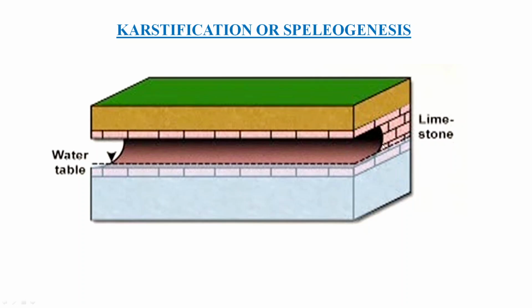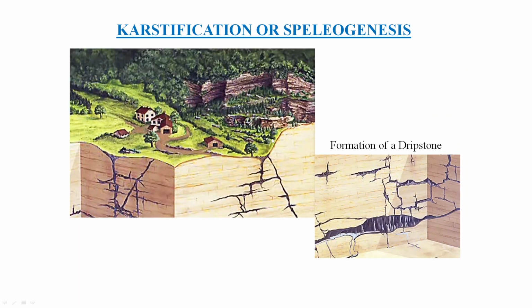There you will be able to see the caverns that have formed like this. Now the water table has dropped quite a lot, and it is just present at some part of the limestone horizon.